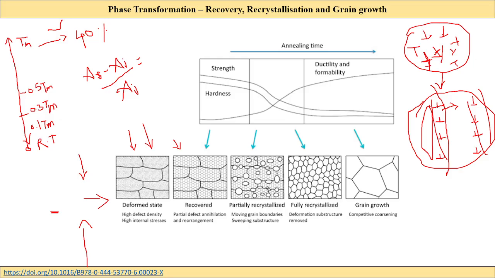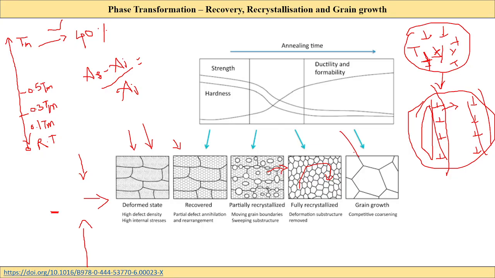So now once this is done, we will have a different morphology, right? That means these new strain free grains will form just like heterogeneous nucleation, and we have a fine grain structure. Now again, if we give enough time, this fine grain structure will grow, and small grains will be taken out by big grains, and it depends upon the morphology of the grains.